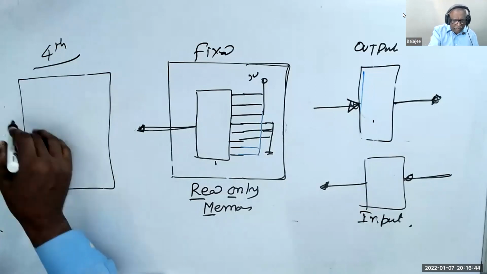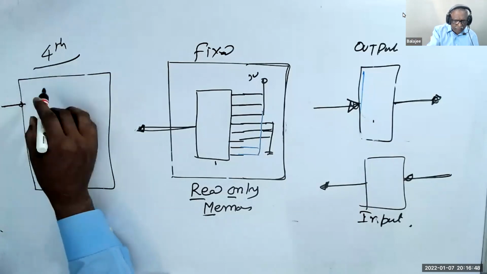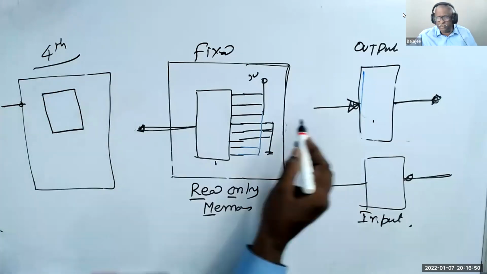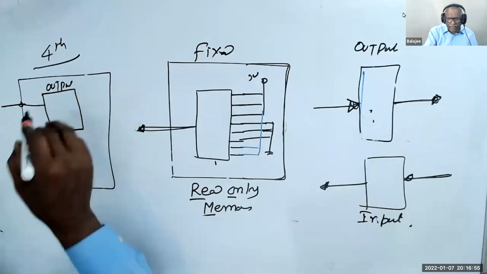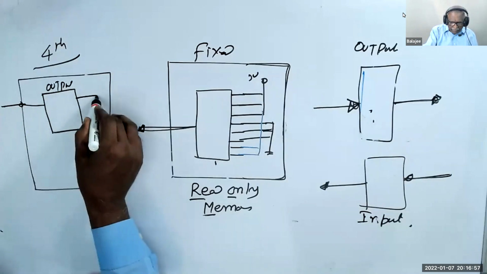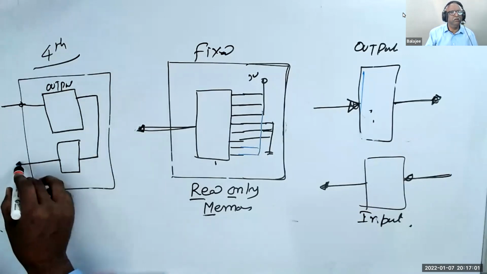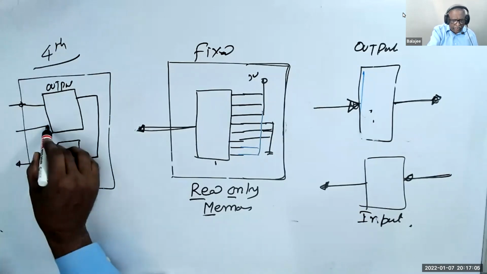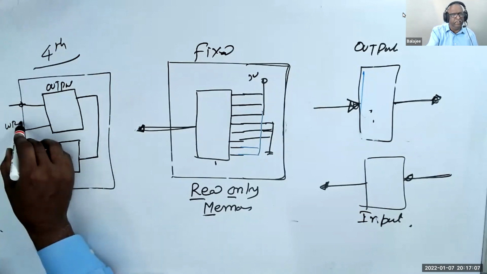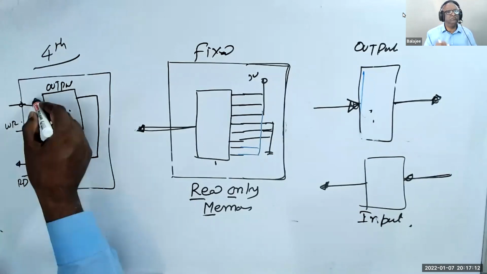This is the fourth device where I give an input. The input goes there. Please listen like this, the output. But it does not come out. It is coming inside itself. Please understand. If I give a signal called write, I will write it here. If I give a signal called read, I will read it here.